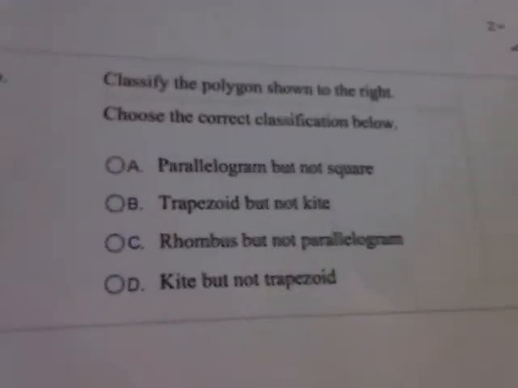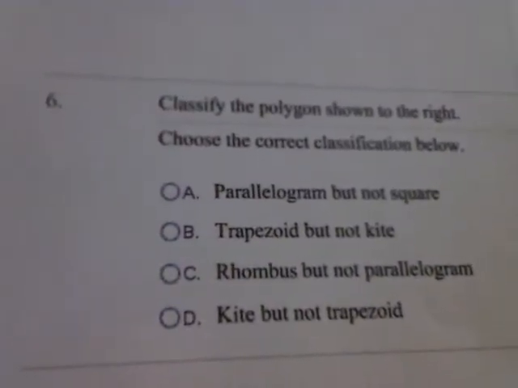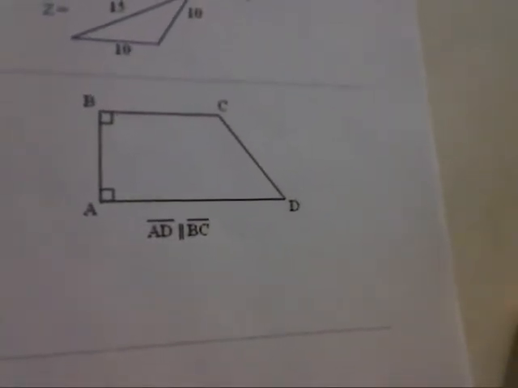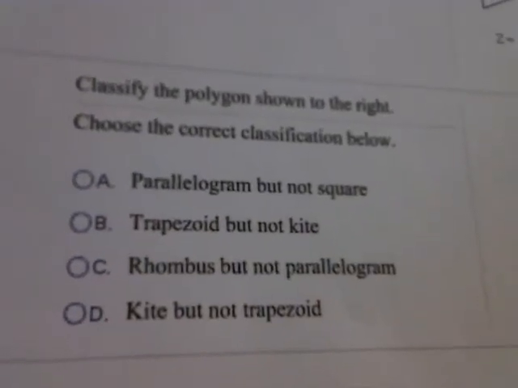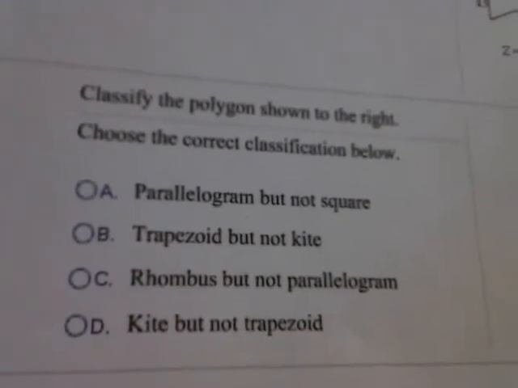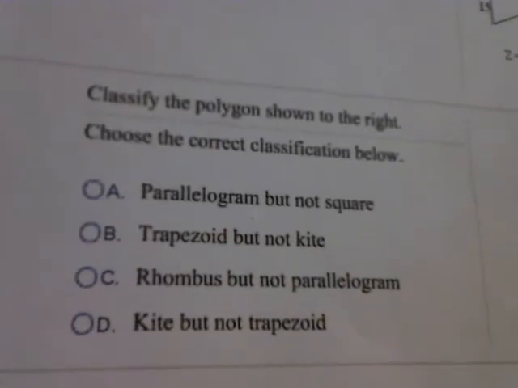And then finally, number 6, classify the polygons shown at the right. And here is that polygon right here. And our choices are either parallelogram but not a square, trapezoid but not kite, rhombus but not a parallelogram, kite but not a trapezoid. Okay, let's look at this.